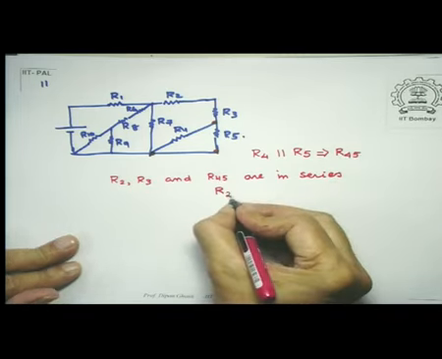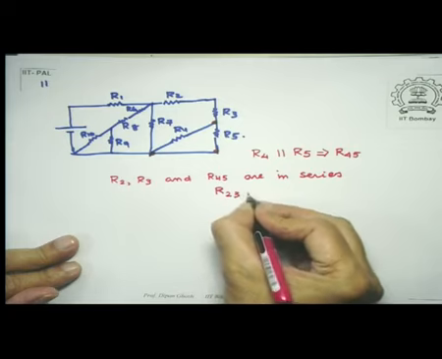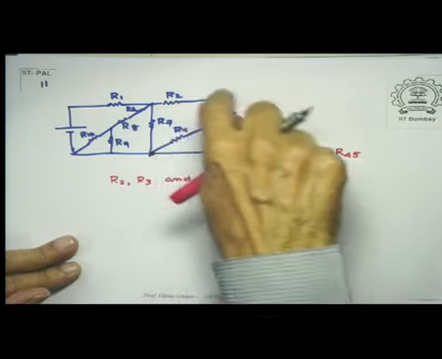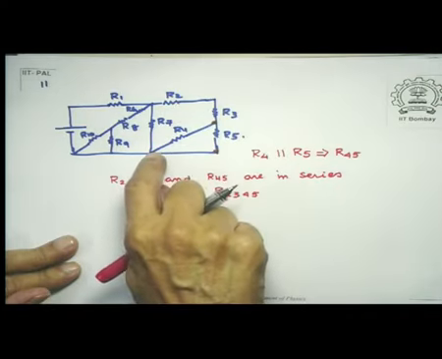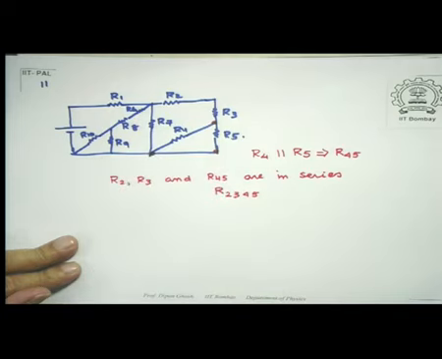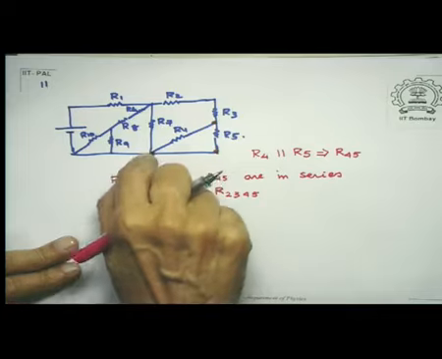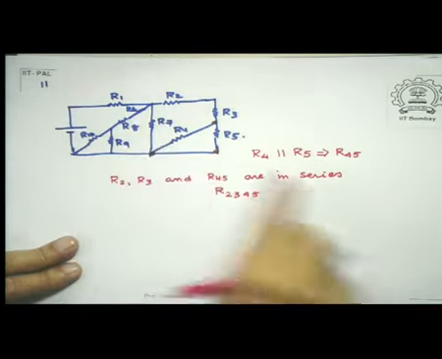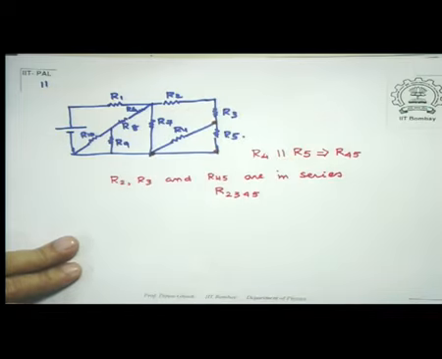So let's call this R2, 3, 4, 5. So this R2, 3, 4, 5 is obviously parallel with R7. So I write down that this is parallel there. Now once we have done that, since the numbers are going on increasing, let's call that R7 prime.